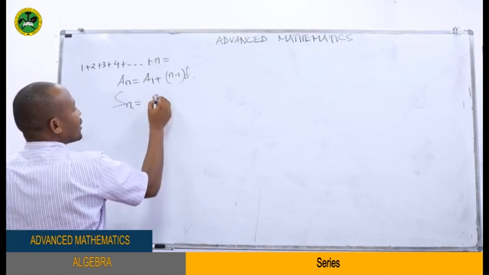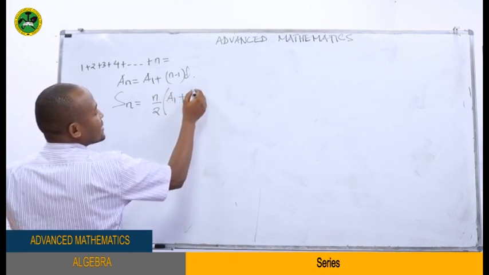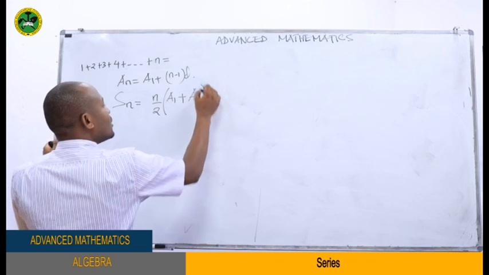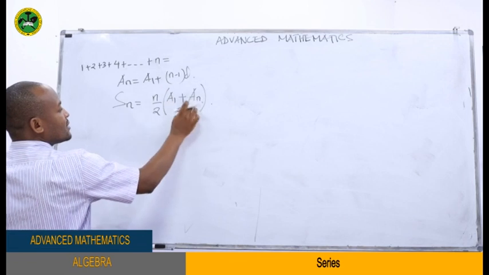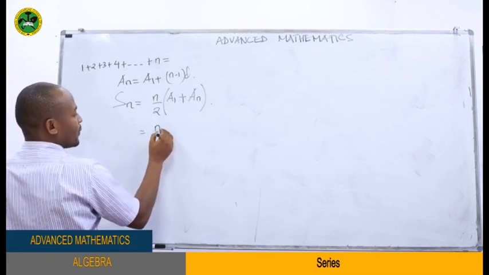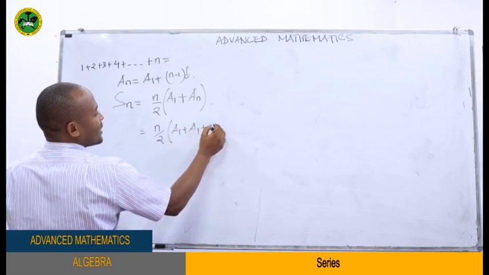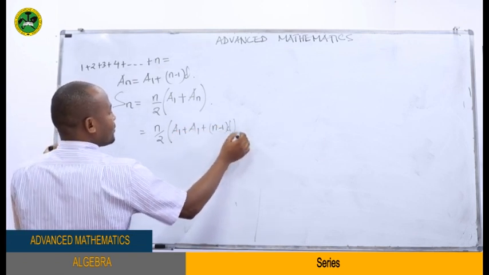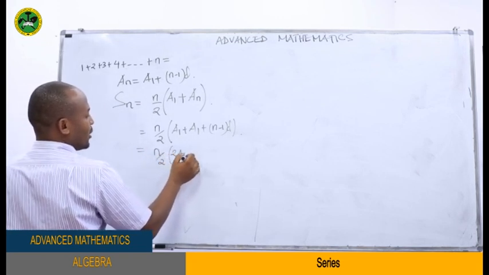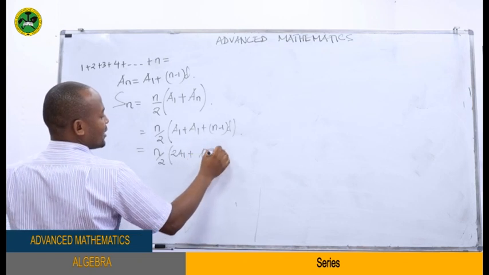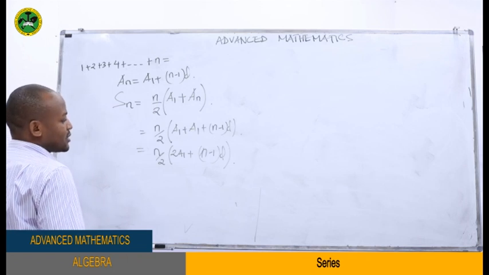The summation to n terms was n over 2 times (first term plus the last term). When you didn't have the last term, you plugged this in and had n over 2 times (2a1 plus (n minus 1) times the difference). That was the formula.